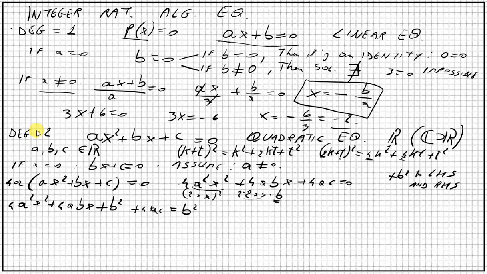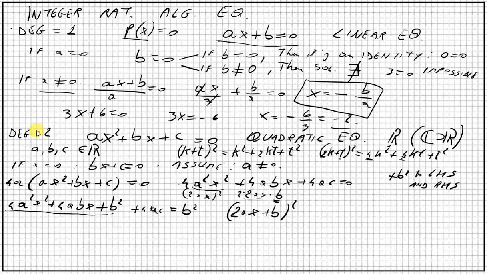Now, of course, I could simplify this and I would go back to where I was, and it wouldn't really be very useful, but it just shows you that essentially I haven't done anything illegal here. What I have done though is that I have created an expression here that can be identified as the square of a particular binomial. This is nothing but the square of 2ax plus b.